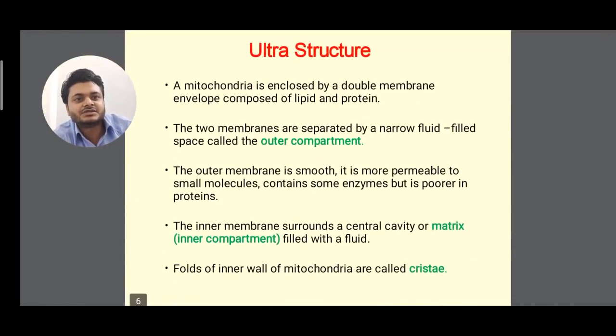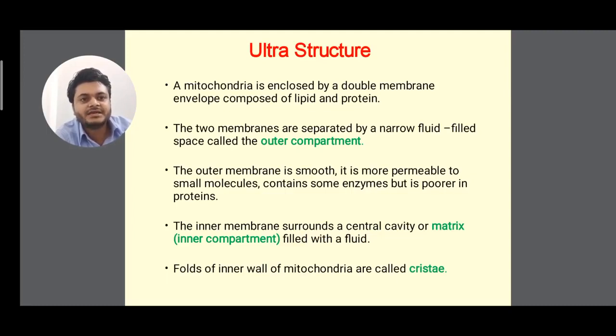Now the structure. A mitochondrion is enclosed by a double membrane envelope composed of lipid and protein. The two membranes are separated by a narrow fluid-filled space called the outer compartment. The outer membrane is smooth and more permeable to small molecules. It contains some enzymes but is poorer in protein.